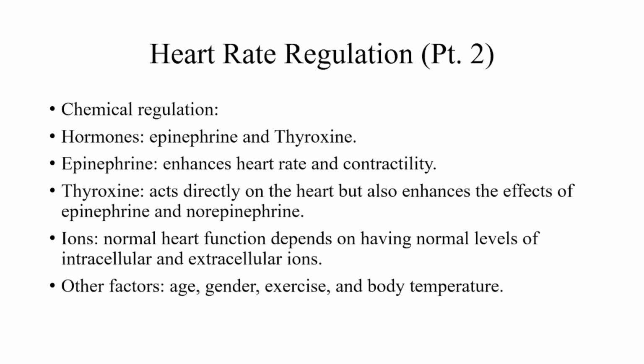Heart rate is also regulated through chemical regulation. There are two hormones, epinephrine and thyroxine. Epinephrine enhances heart rate and contractility. Thyroxine acts directly on the heart, but it also enhances the effect of epinephrine and norepinephrine.